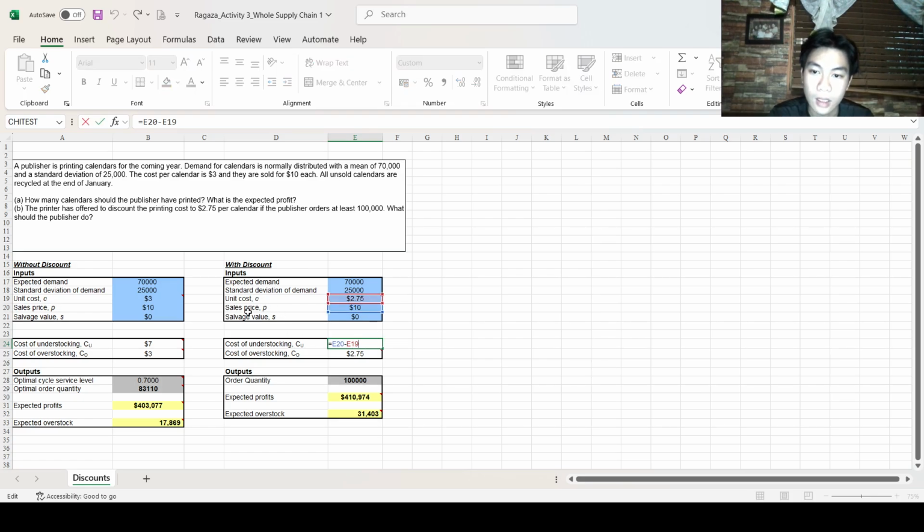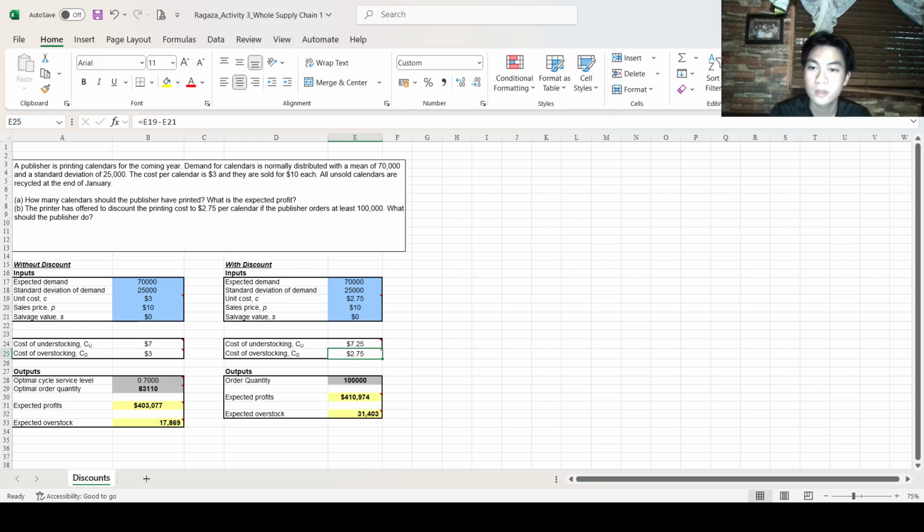Taking the sales price minus the unit cost arrives at 7.25. And then the cost of overstocking is achieved by subtracting the salvage value from the unit cost, which arrives at 2.75.